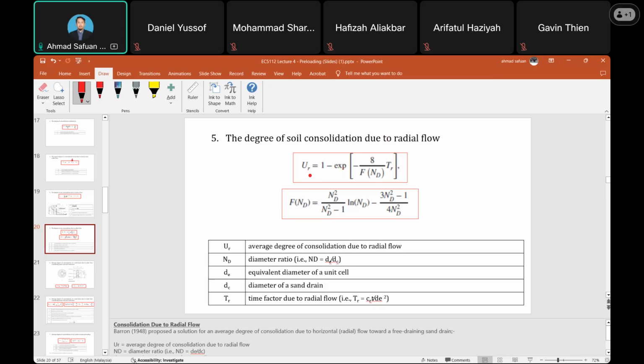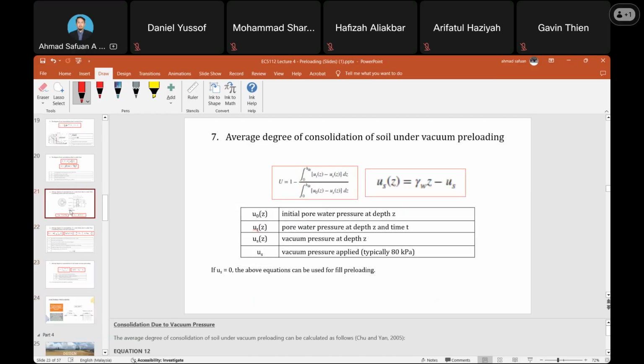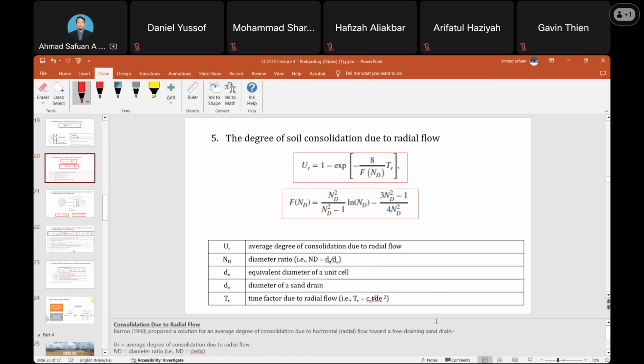Then we solve this equation where ND is the F of ND, and TR is obtained. This is TR. Then we obtain the degree of consolidation due to radial flow.